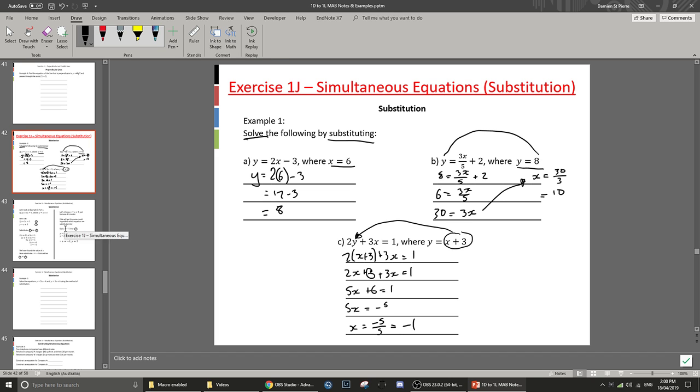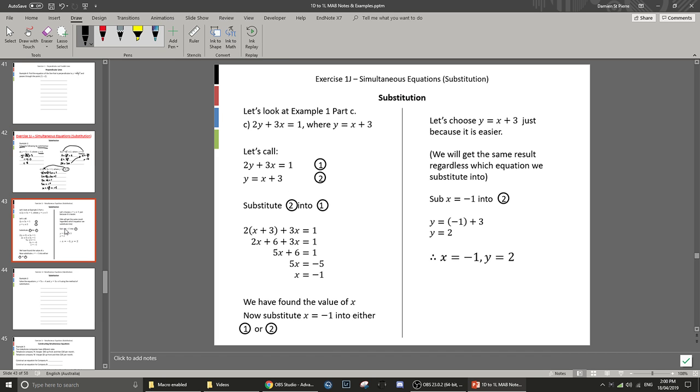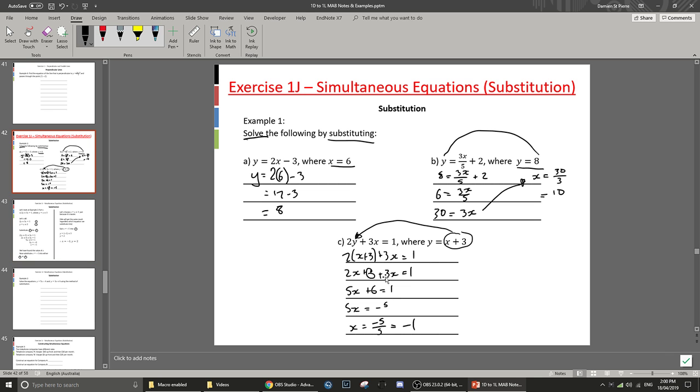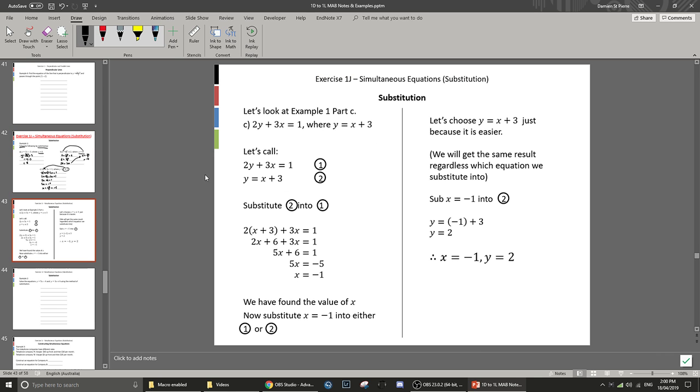All done. Now the next slide, this is just looking at a more full worked solution of what's exactly going on in part C here. So we start with 2y plus 3x is equal to 1, and y equals x plus 3.